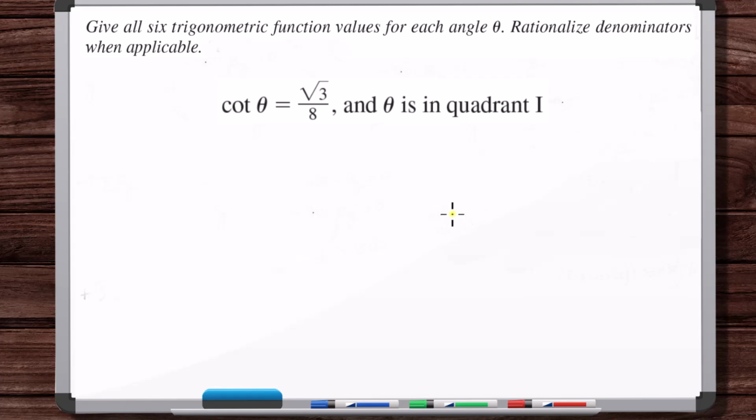Okay, we can do this either way. We can use trig identities, or we can do what we just did in the previous problem. Let's do trig identity. So 1 plus cotangent squared is cosecant squared. So 1 plus square root of 3 squared is 3, 8 squared is 64, is equal to 64 over 64 plus 3 over 64 is 67 over 64.